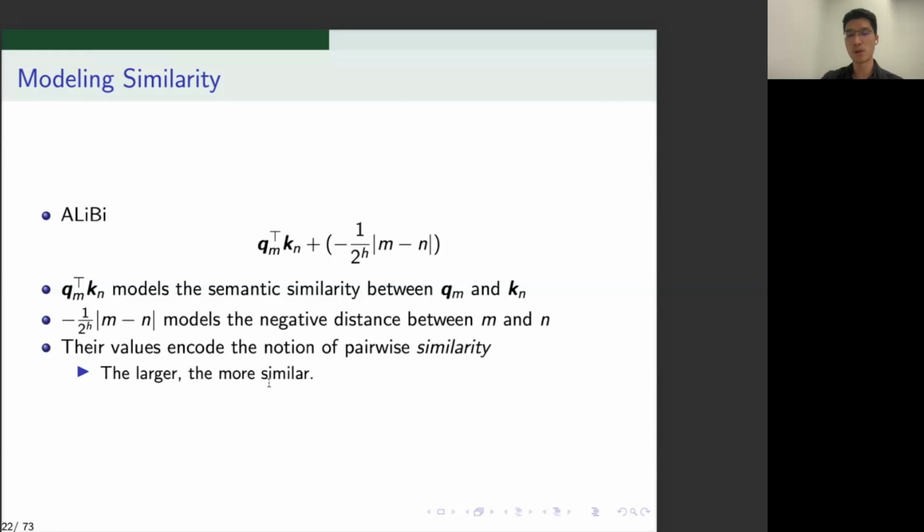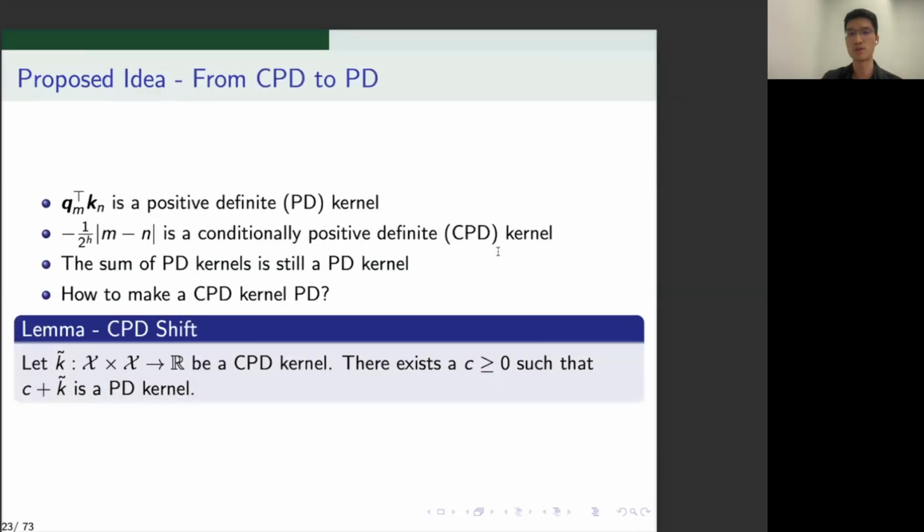And the same logic applies to the first term, the inner product, of course, because the inner product just models the semantic similarity between two vectors. So similarity is the key here. We believe these two terms both model the notion of similarity. Can we try to combine them together into one concept instead of two terms?